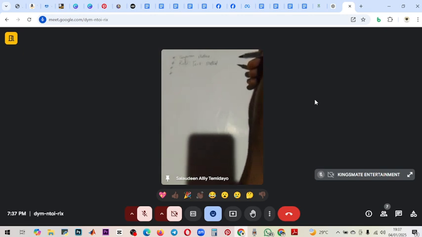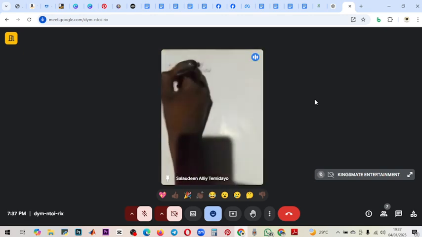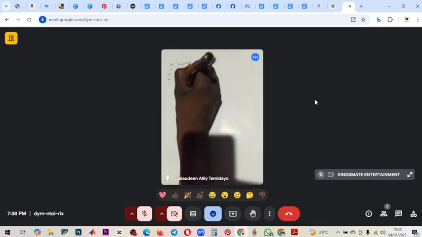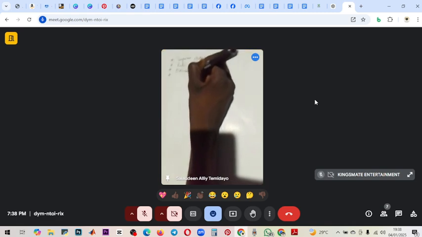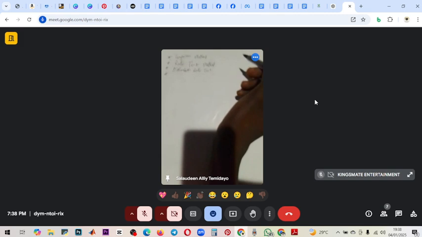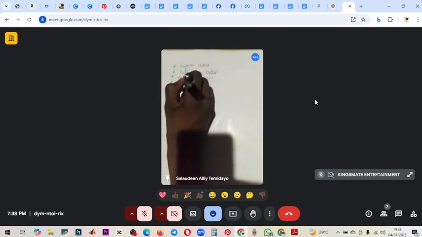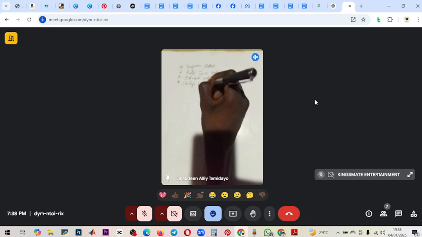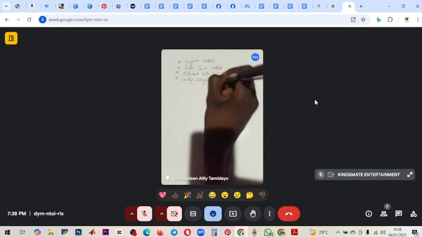The Alambert ratio test. And anyone else? Cauchy's integral test. Thanks a lot. It's Cauchy, yeah. Cauchy's integral test.